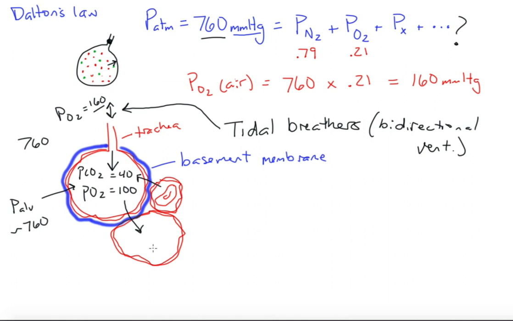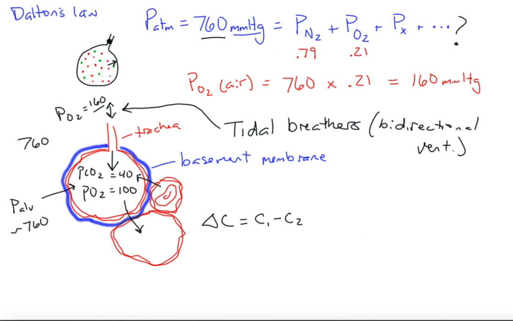And what drives that diffusion is delta C, right? Delta C equals C1 minus C2, the concentrations in these two regions. Well, here's C1 and here's C2. Well, what is C2? It's the concentration of oxygen in the blood at the pulmonary capillaries, right?